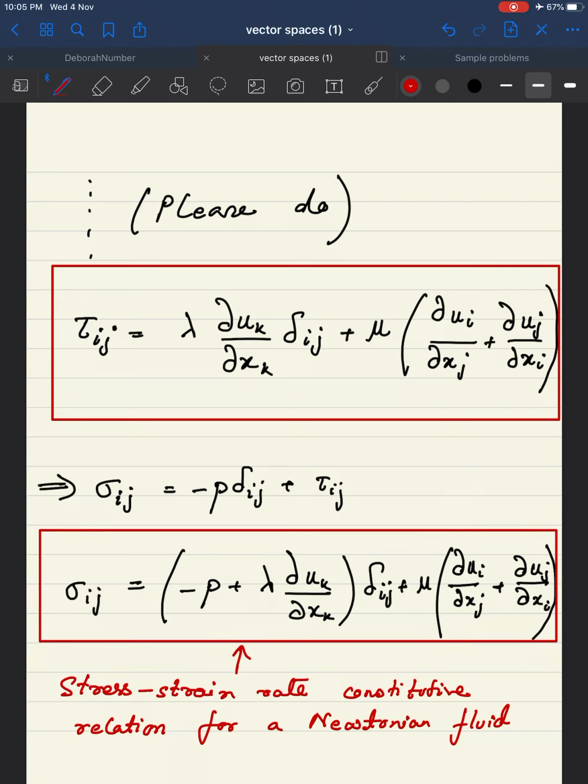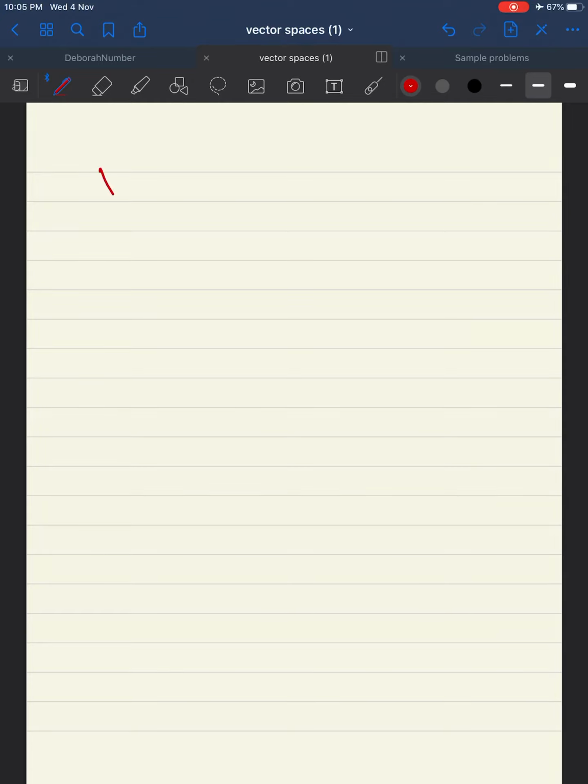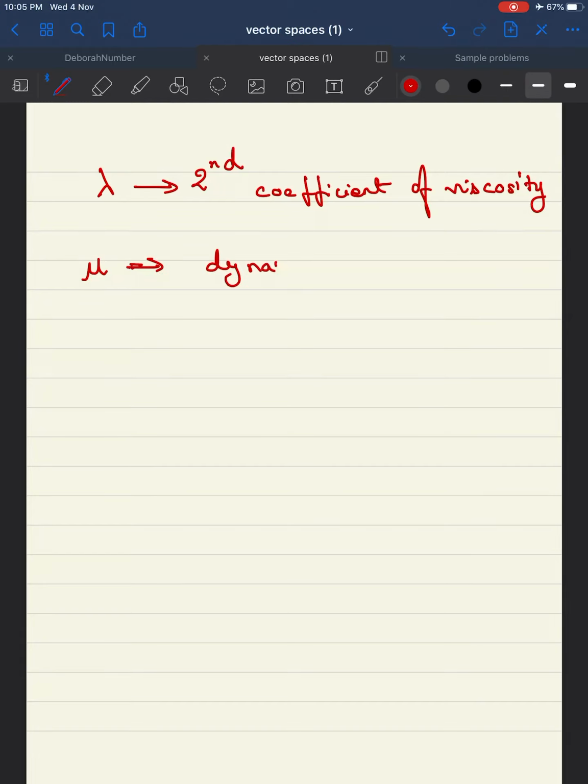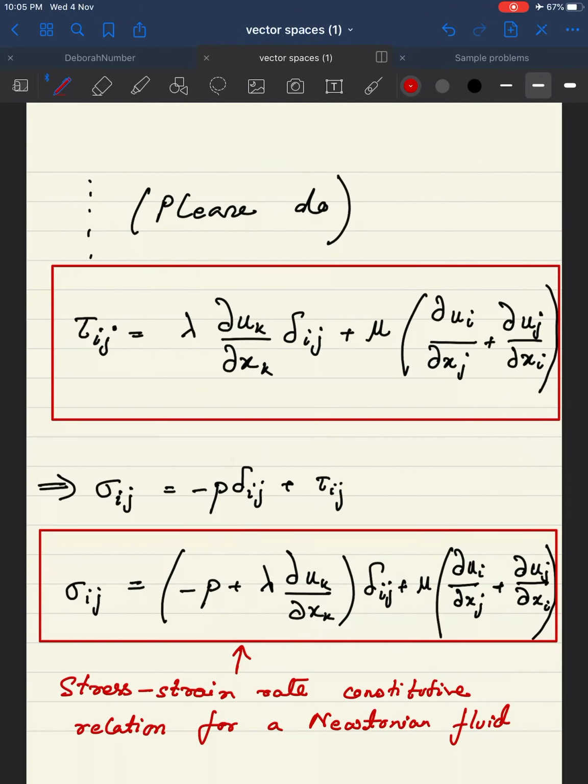This one. Good. In here we have these three terms. We have already seen what minus p is, and lambda here is also called the second coefficient of viscosity. And mu is also called the dynamic viscosity.